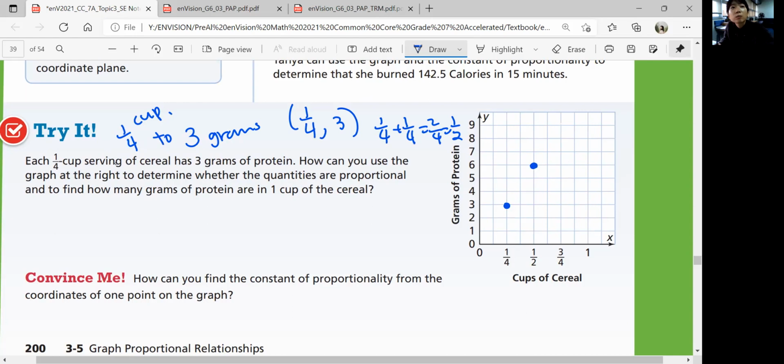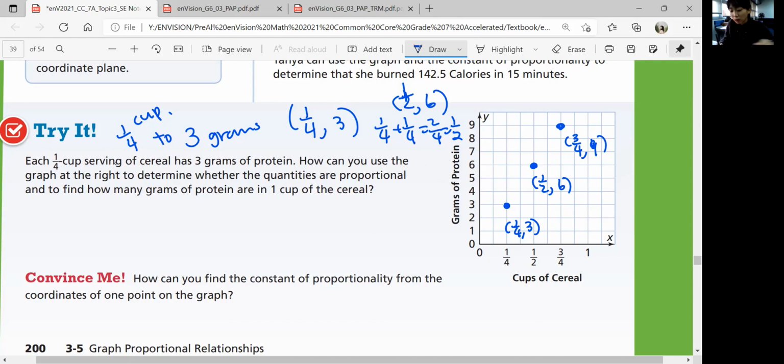That would be your next point. Your next point would be 1/2, 6. Okay, and then another 1/4 is 3/4. Then 6 plus 3 is going to be 9, and so on, right? So 1/4, 3, 1/2, 6, and 3/4, 9 would be 3 points on the line.